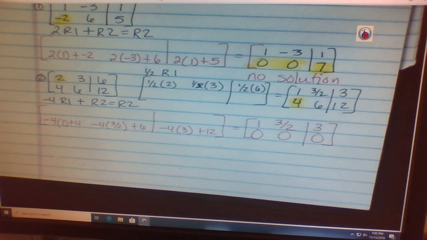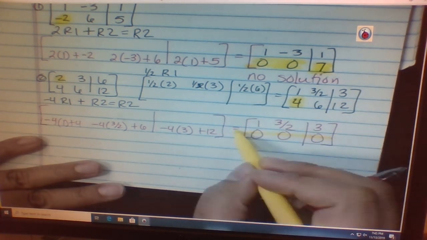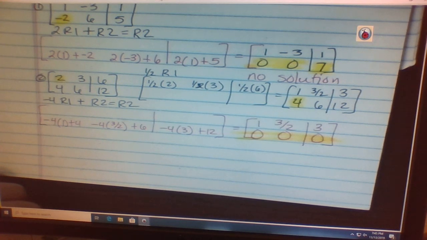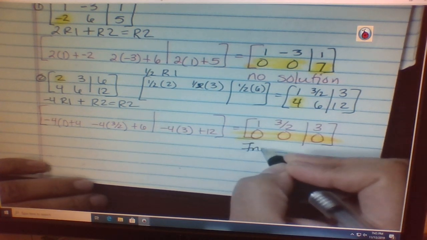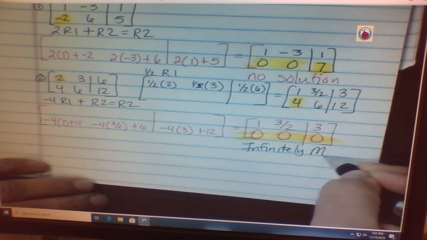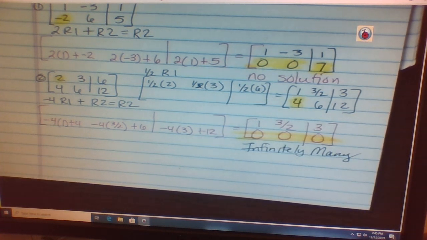So when you end up with all zeros, my answer is going to be infinitely many. But there is something you have to do.